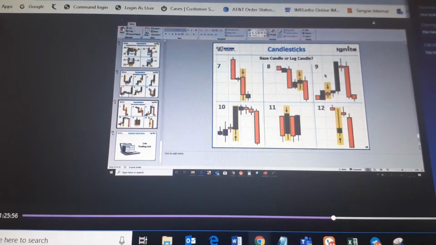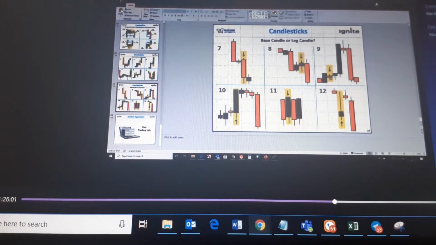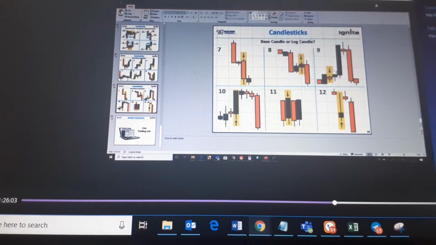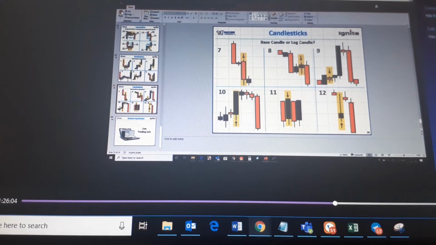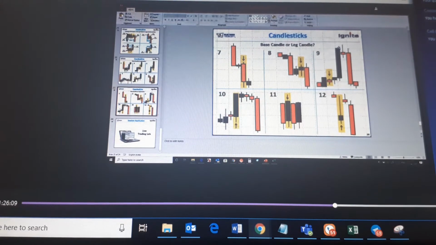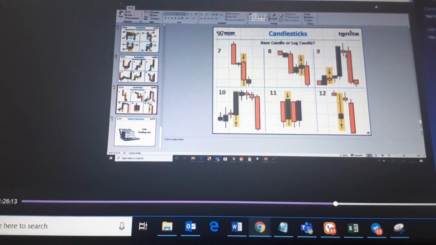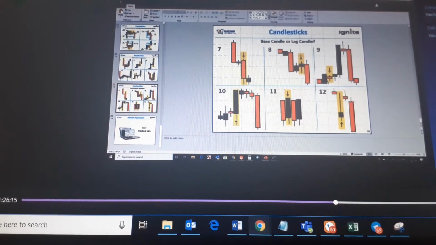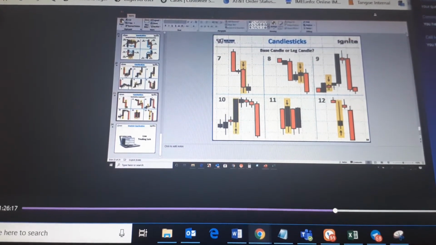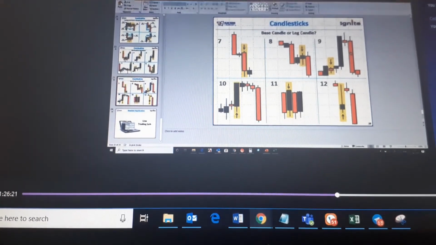This is your base candle. So this is your rally, base and a rally. And just after that we have a base and then a drop. So we have a picture of demand and a picture of supply here. It's a rally base rally and similarly a rally base drop also. It's showing two patterns.